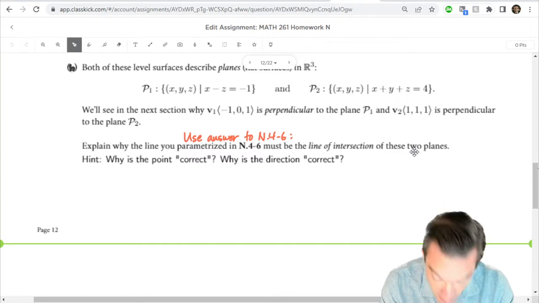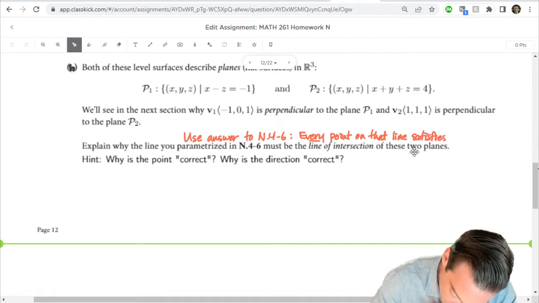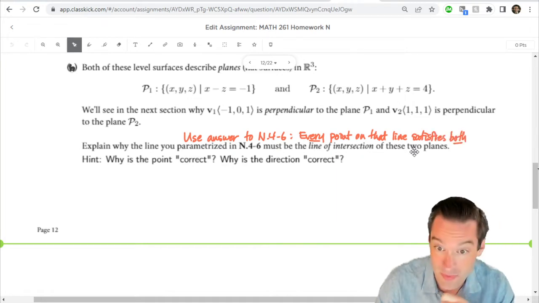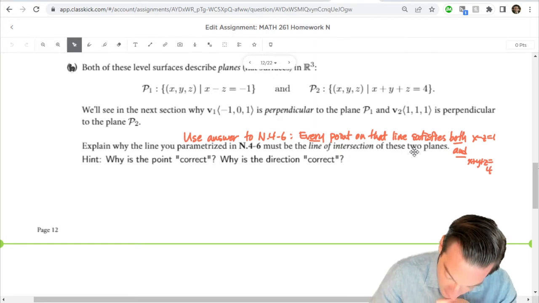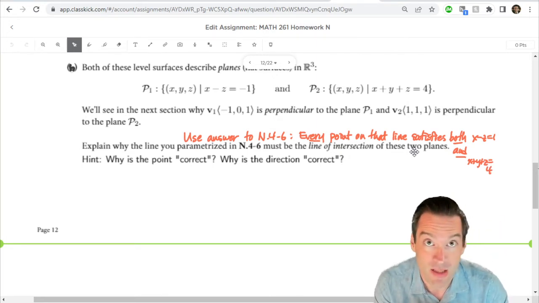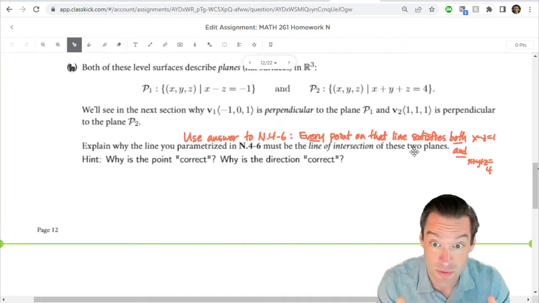If we use that answer, we should be able to show that every point on that line satisfies both equations. So it belongs to both level surfaces, both the equation x minus z equals -1 and x plus y plus z equals 4. So that's one way of approaching it that would be less conceptual. I think this would be a pretty computational way to do it, in which you would have to use the answer that you got from part A.